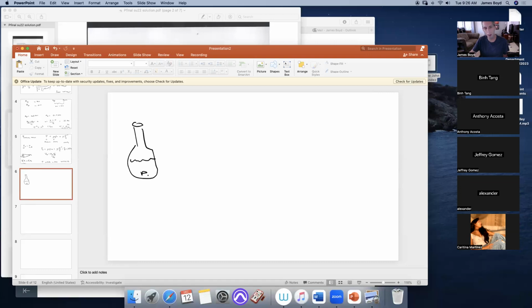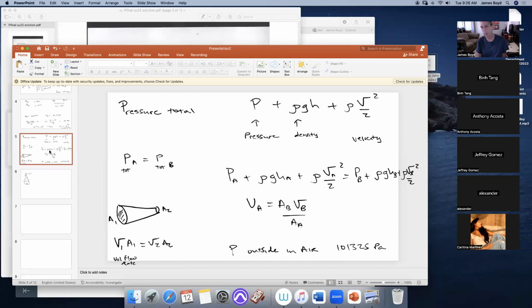The pressure in here might be something, but the pressure here where it's open is air. So the pressure outside is 101,325. Anywhere something's open to the air, it has the pressure of the air, 101,325. That's just a fact. So this is what you need to know. We're going to go through a problem, and you'll see how this all works.